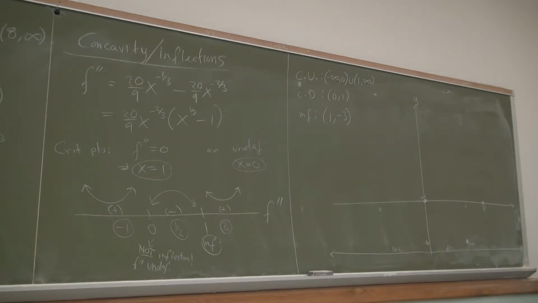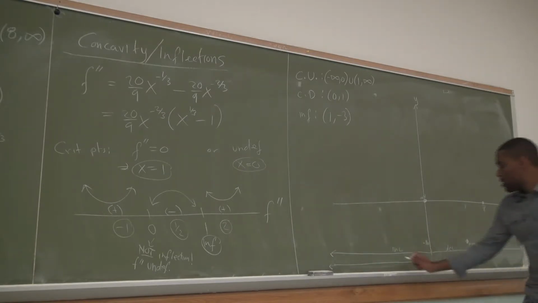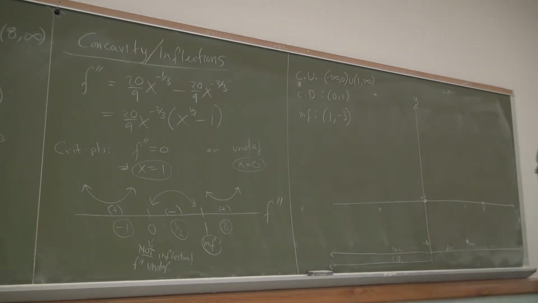Now we move on to what we know from the second derivative. From 0 back, we are concave up, shaped like a cup. Between 0 and 1, that's a very short portion, we're concave down.